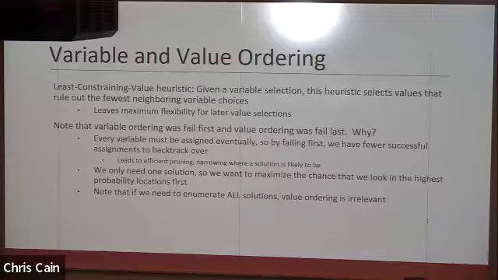If we constrain this variable significantly, then the search space is kind of small of what's left. Whereas if we constrain it less, then there are more, you're putting off the difficult decision until the very end to make that decision, maximizing your chances of having a solution.